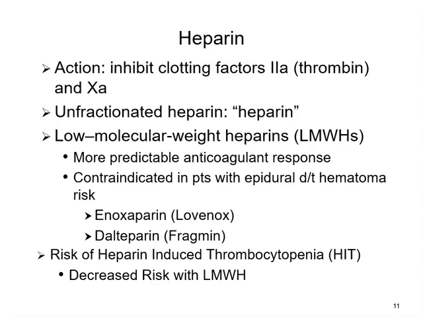But in our patients who have epidurals, this medication must be stopped prior to removing any epidural catheter, or else the patient will have potential for epidural hematoma. All right, so there is a decreased risk of heparin-induced thrombocytopenia with enoxaparin or Lovenox, and so that is desirable.